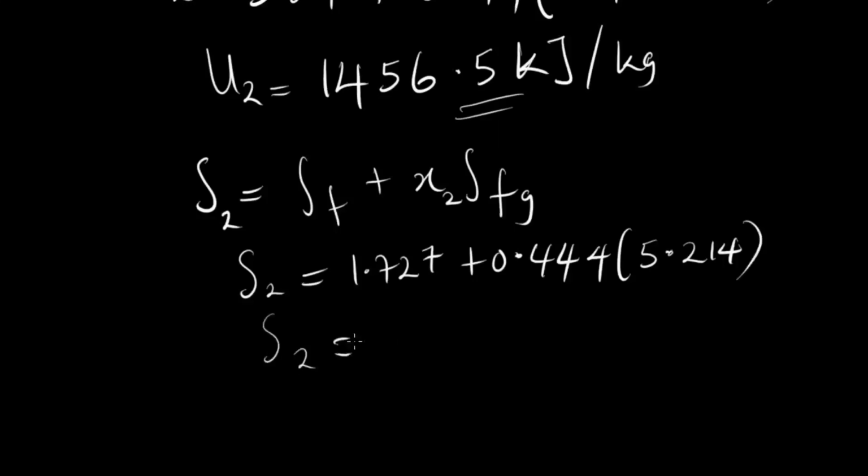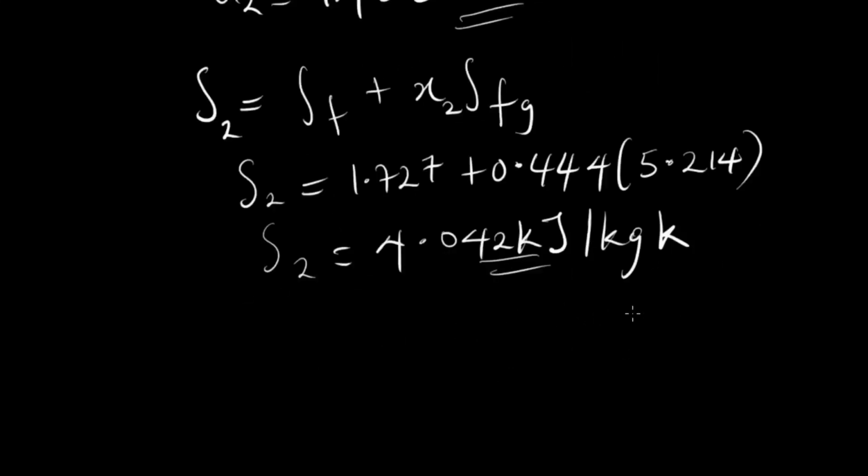So doing this, we have that our entropy is 4.042 kilojoules per kilogram Kelvin. So finally we can answer the questions.